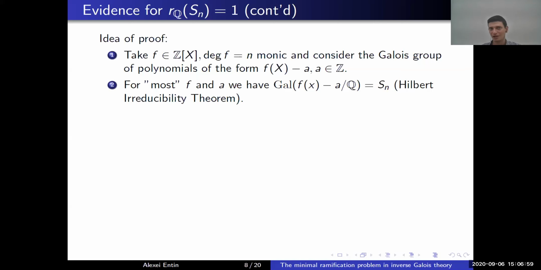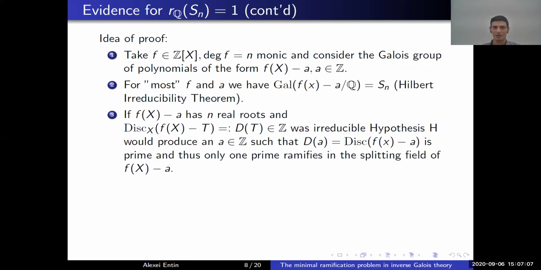And for most f and a, the Galois group is actually S_n. This is a quantitative version of Hilbert's irreducibility theorem.